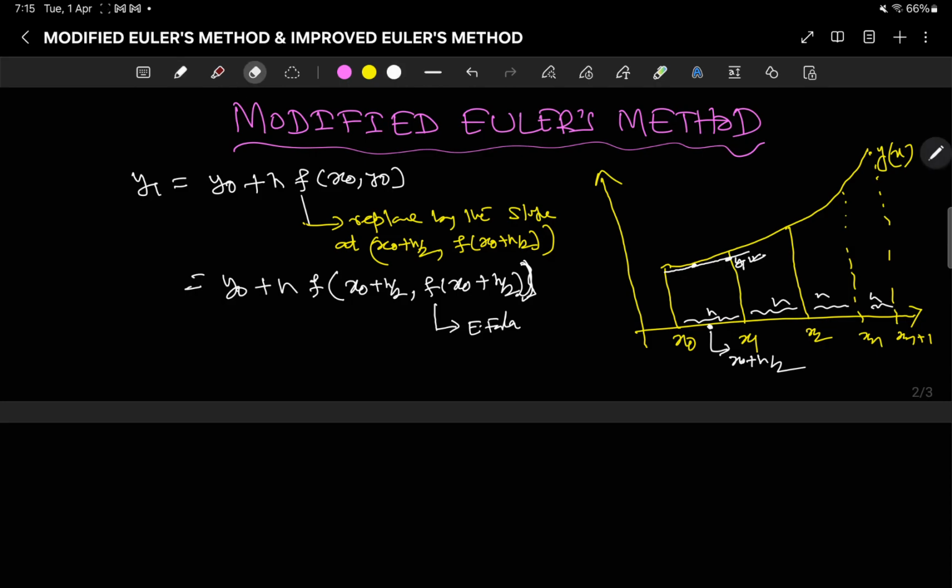This point is your x0, y0. Likewise, this point will be x0 replaced by this, and y0 replaced by this.